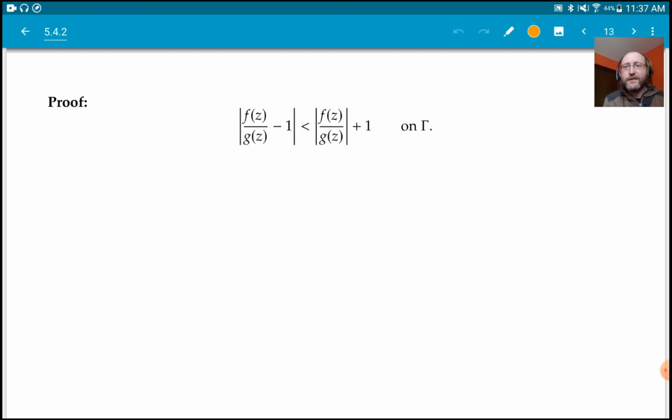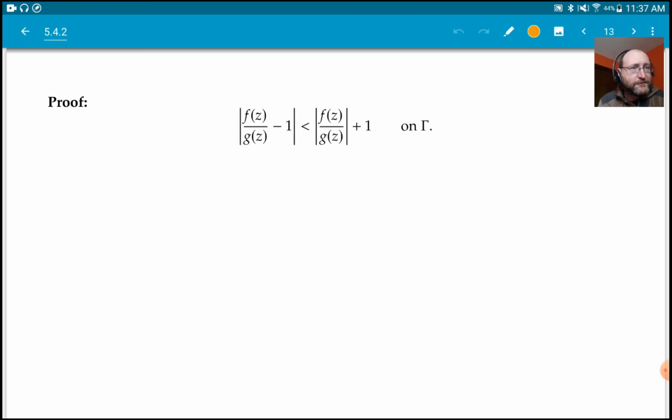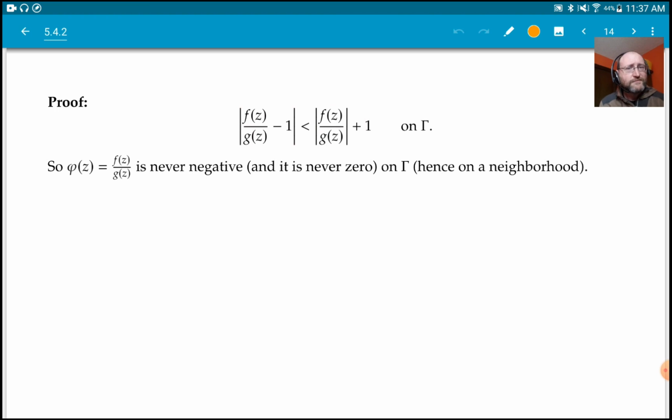All right, so let's prove it, right? So let's take the more general one, right? The modulus of f minus g strictly less than modulus of f plus modulus of g, right? Well, and there's something else we did, right? I divided by g, right? So we have this inequality on gamma, right? Now, it's really about just this function f over g, right?